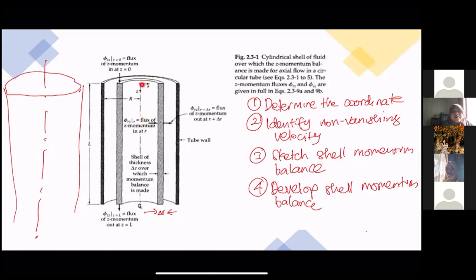We know the highest velocity should be in the middle, so we put the flux momentum inward to outward, from inside of the shell to the outside of the shell. So this is also τrz at r equal to R, and τrz at R plus delta R.